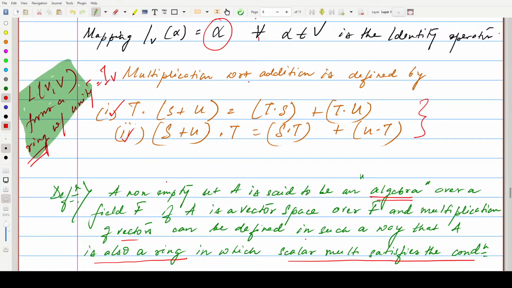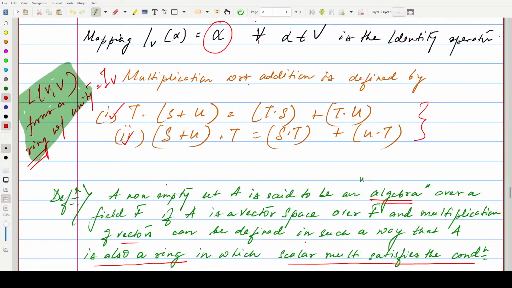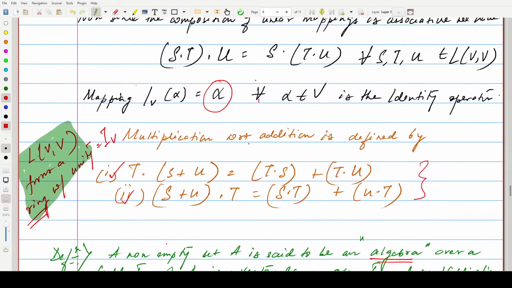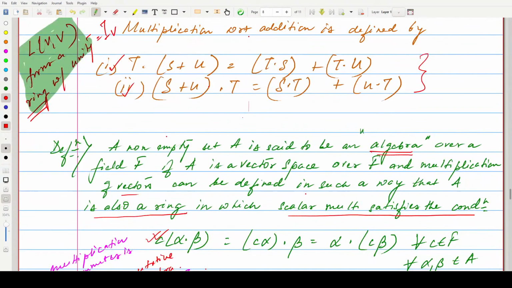A ring is essentially an algebraic structure, and we need to have a unity, and this unity is defined like so. This is our unity operator, right? So this forms a ring with unity.